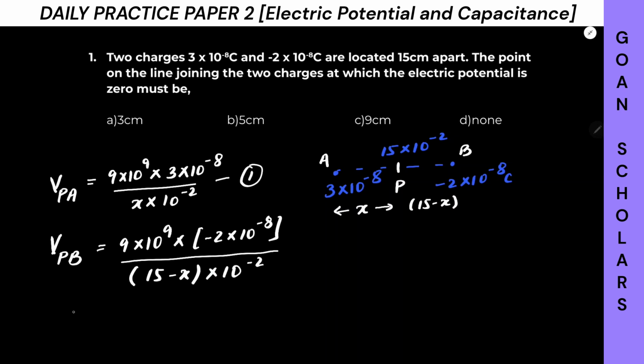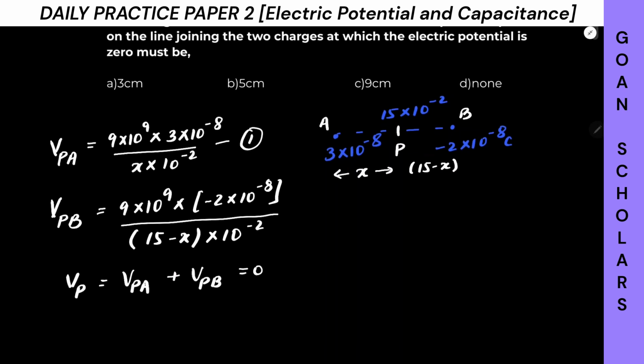Now the net potential there is 0. Which means at point P the net potential will be VPA plus VPB, and that is equal to 0.